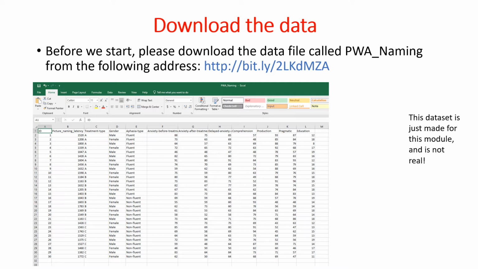So this is more or less the type of data set we're going to play with during this module. I want you to download it if you haven't and have a look at the different variables before we start doing the descriptive statistics.